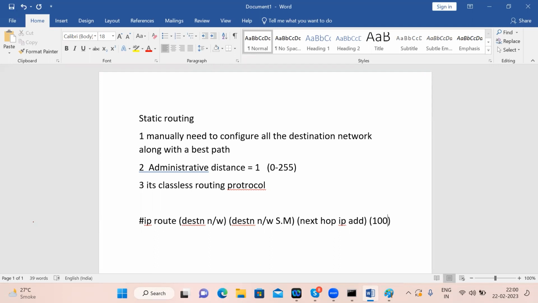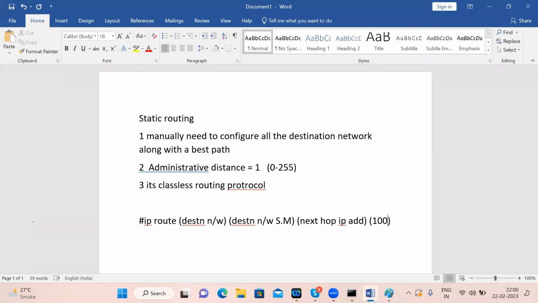I think everyone knows how to configure the static routing protocol. Does anybody have doubts on configuring static routing protocol? I think it is very easy.